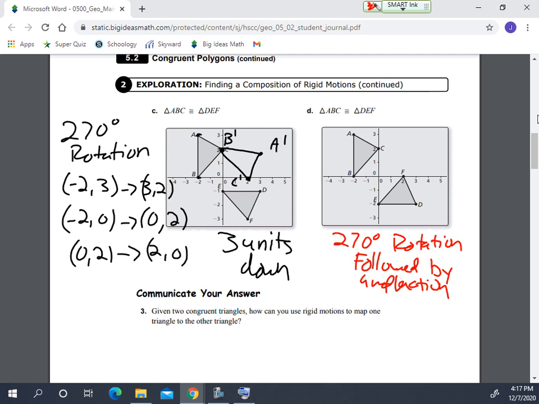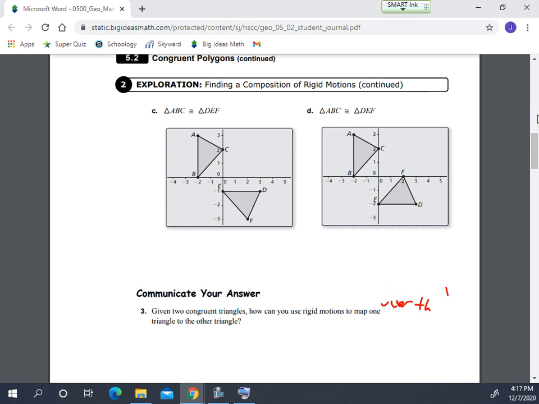Followed by a reflection over the x-axis. Oh, sorry, not x-axis. It's the y-axis. My apologies. All right. So there's our transformations of those 4.